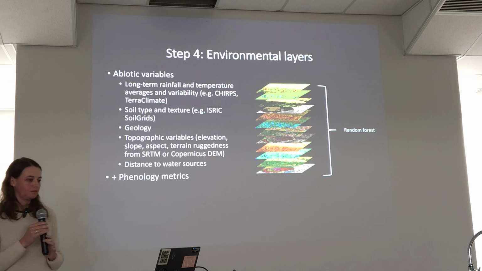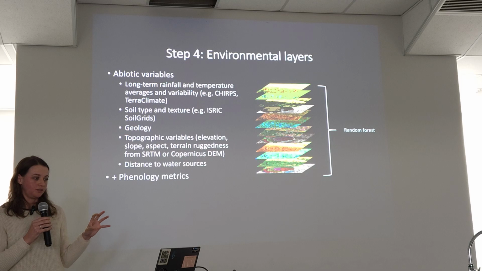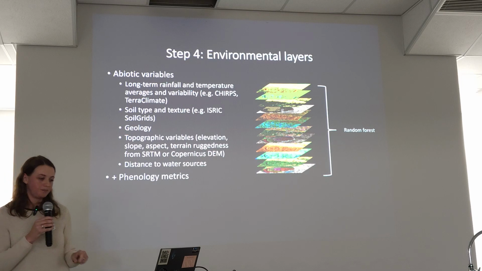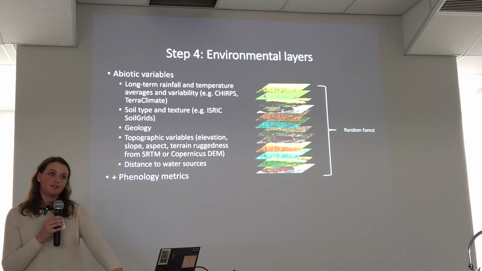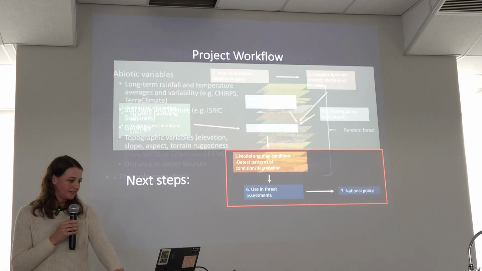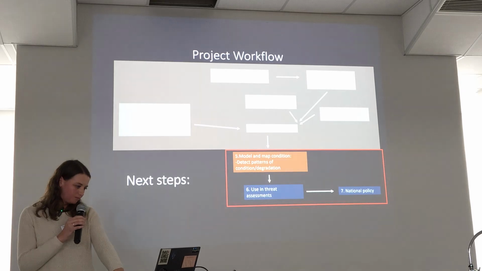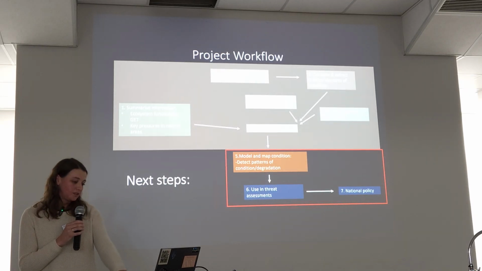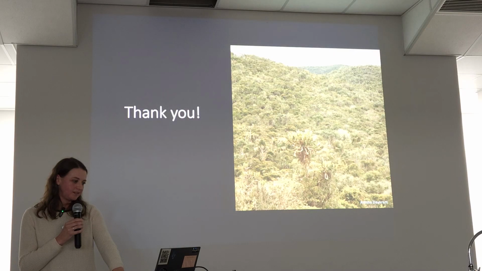So it's just a machine learning algorithm that's really great at handling so much data and trying to reveal the patterns in them. So this is the step where I'm currently at, so I don't have results yet, but the next step is to map. So we'll use these models to create the condition maps at the end.